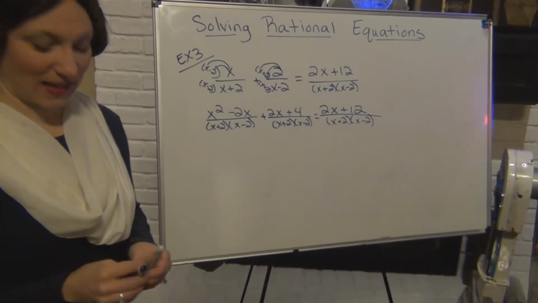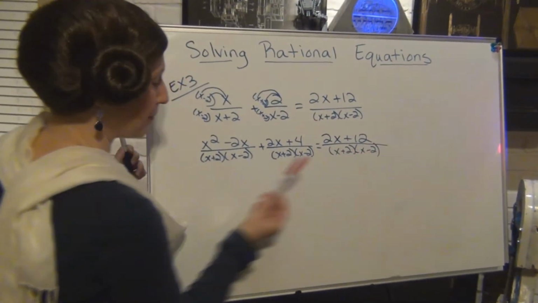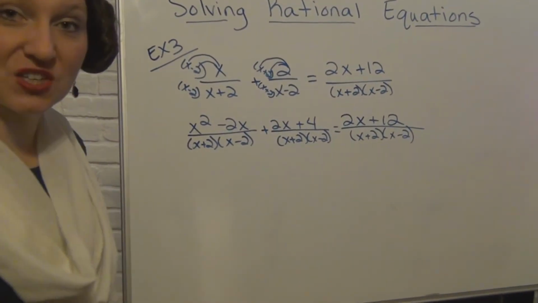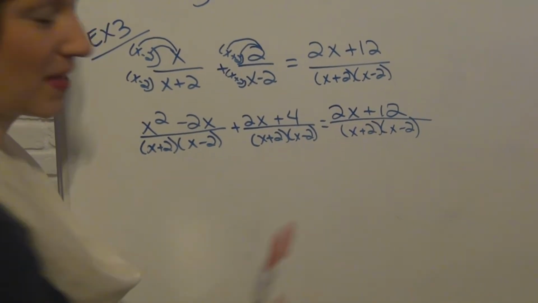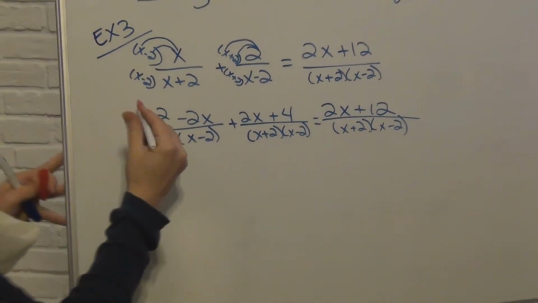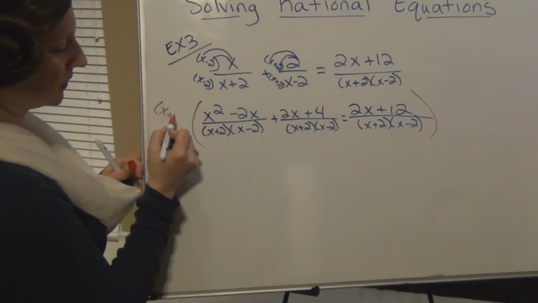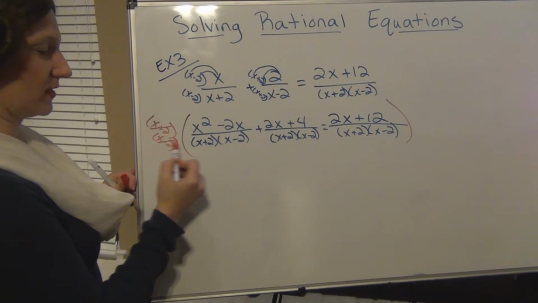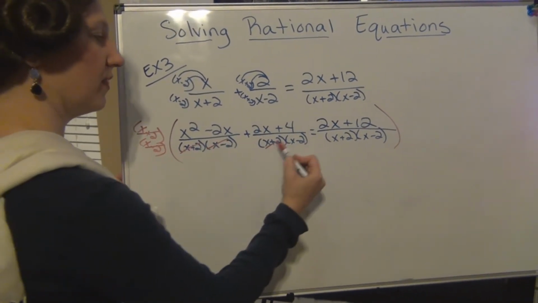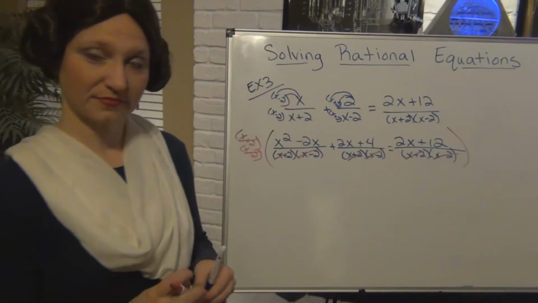Now here's where the magic happens. If I multiply the entire problem by x plus 2 and x minus 2, all this divided by this, divided by this, and divided by this will go away, because I'm going to multiply everything times x plus 2 and x minus 2, which will cause this to cancel, and this to cancel.